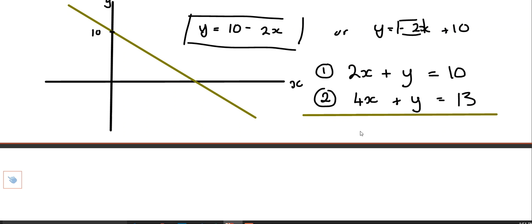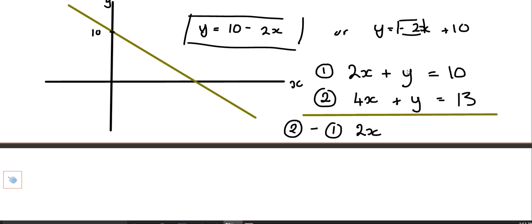Subtract. So I am going to do equation 2 subtract equation 1. I'm finding the difference. Now you did that purely with logic by asking what changed. So what happens? 4x take 2x is 2x. y take away y is 0.